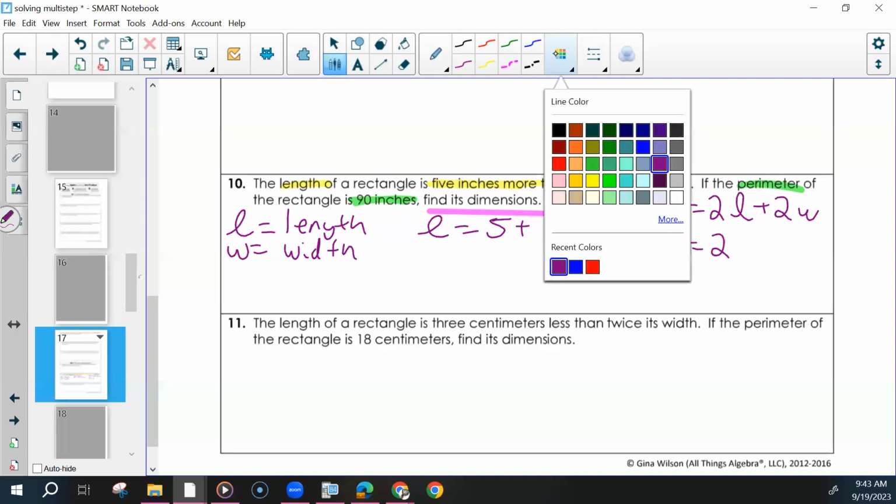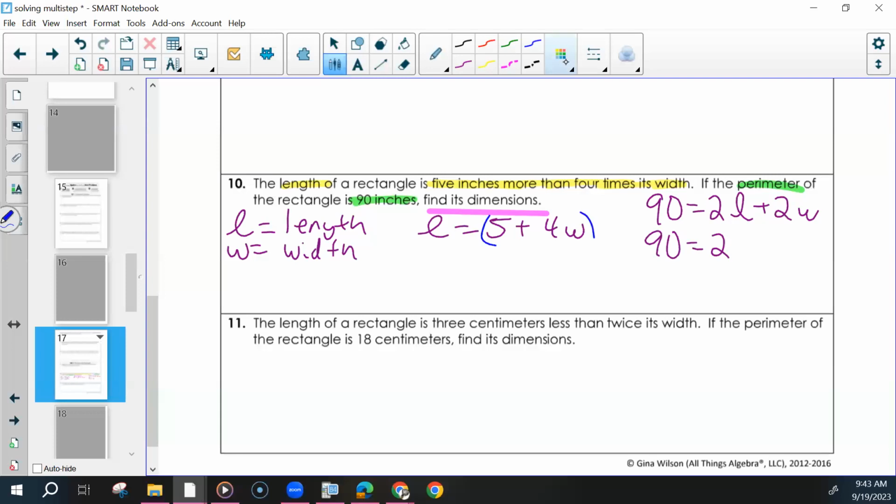So then we're gonna put this in for L. Distribute this like we did before. 10 plus 8W plus the 2W at the end.